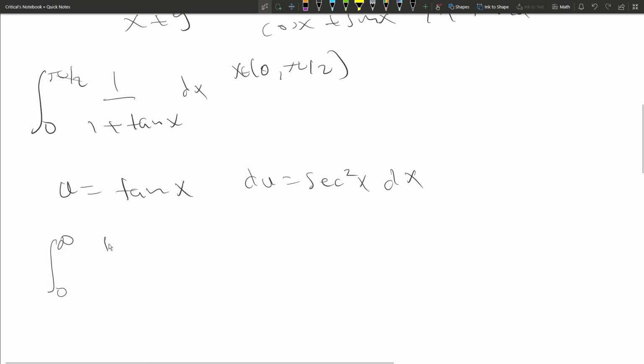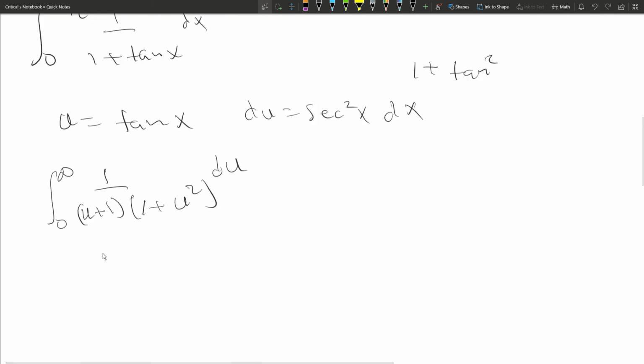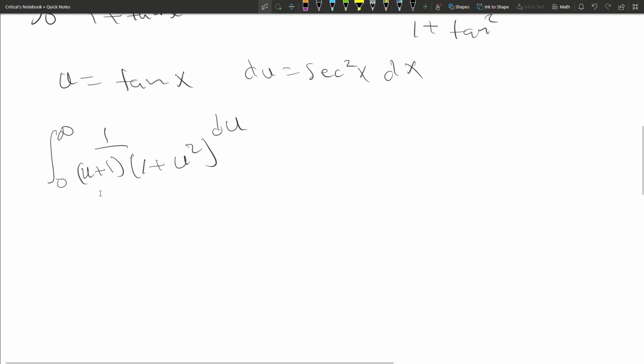And then we have 1 over u plus 1. And then the secant squared, because secant squared is just 1 plus tan squared, we have to multiply this by 1 plus u squared, and then du. Okay, and then now we can do partial fractions to rewrite this.